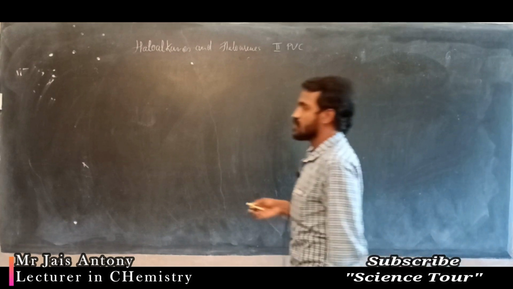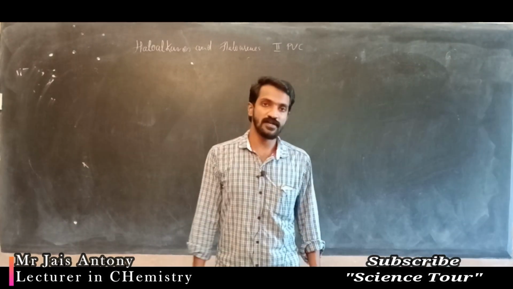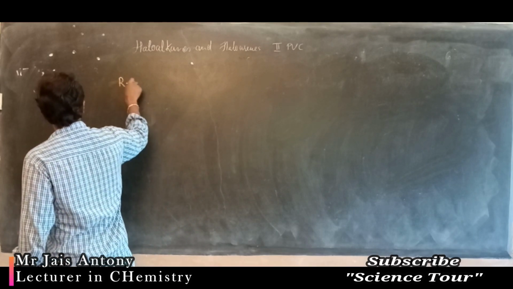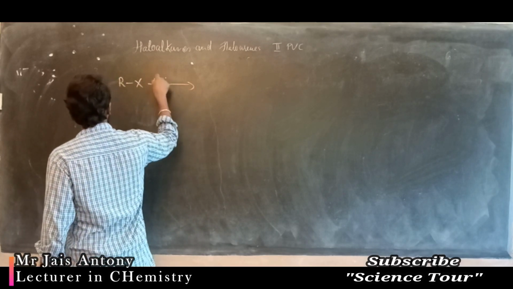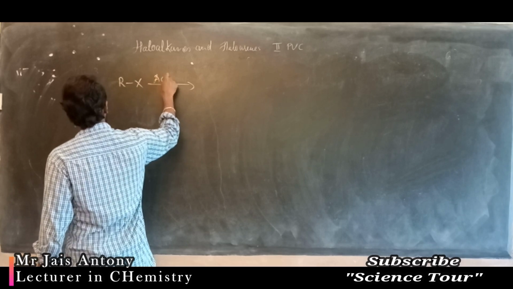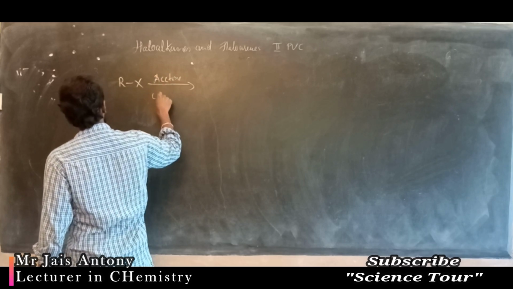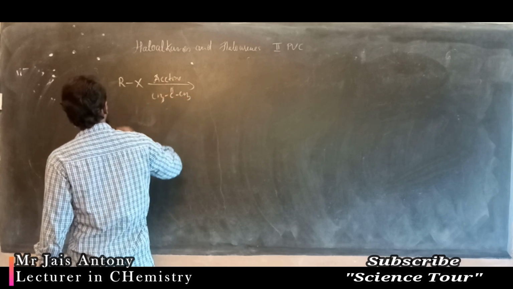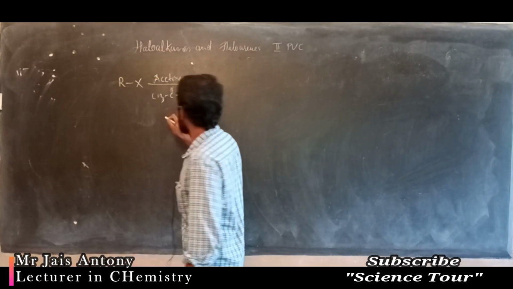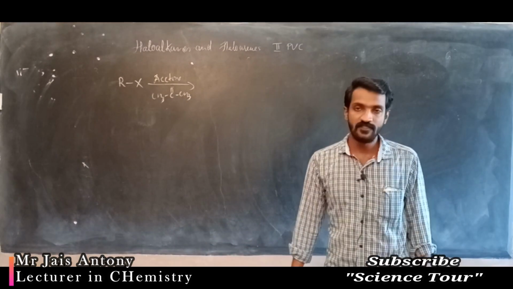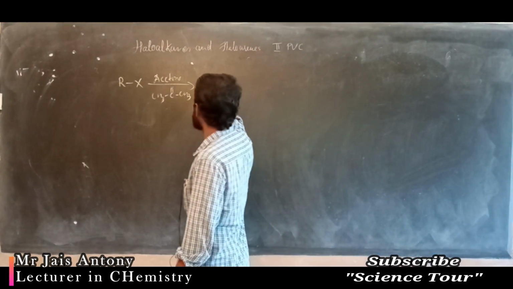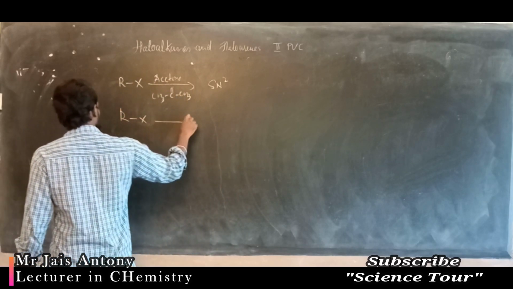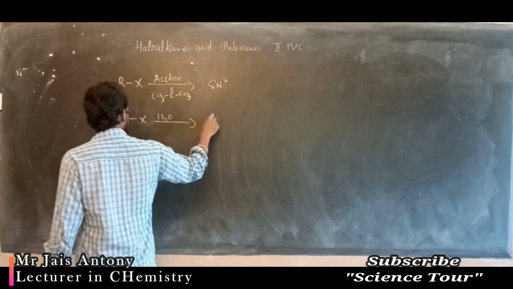Okay students, one more important concept here. I already mentioned that RX reacts with the solvent, and by seeing the solvent you can tell the mechanism. If it is acetone, CH3COCH3, which mechanism does it favor? SN2, correct? If it is water, which mechanism does it favor?